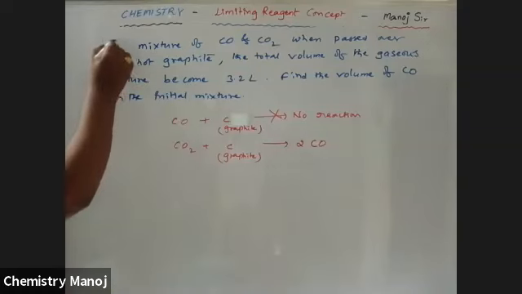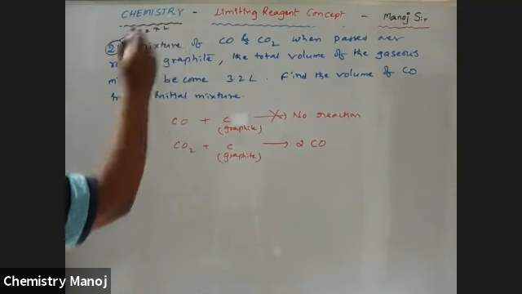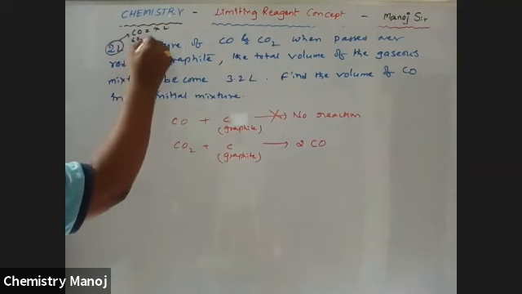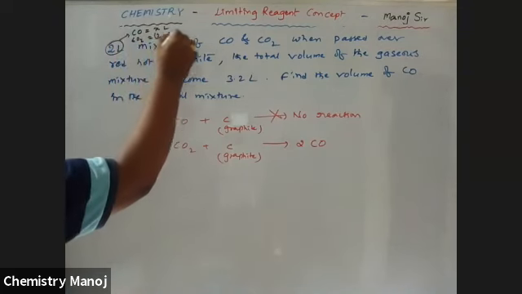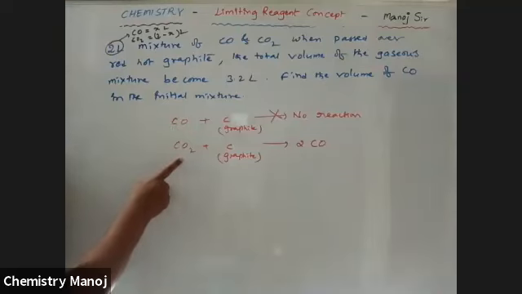In this 2 liters, let CO be X liters and CO2 be 2 minus X liters. Just like previous. Here no reaction takes place with CO. Here CO2 is used.